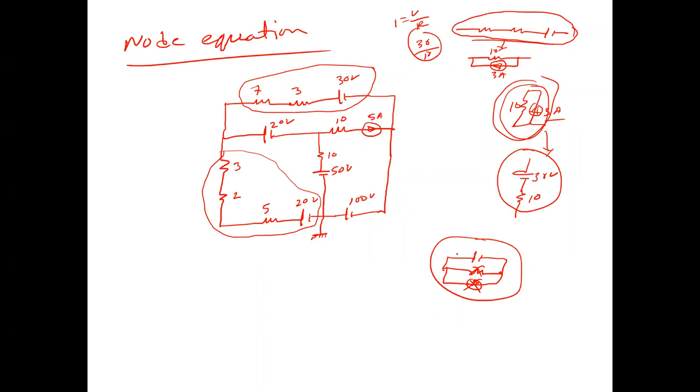Okay, in the loop equation, with voltage parallel, all resistances or currents in parallel are omitted. This is the loop equation. But the node equation is different.